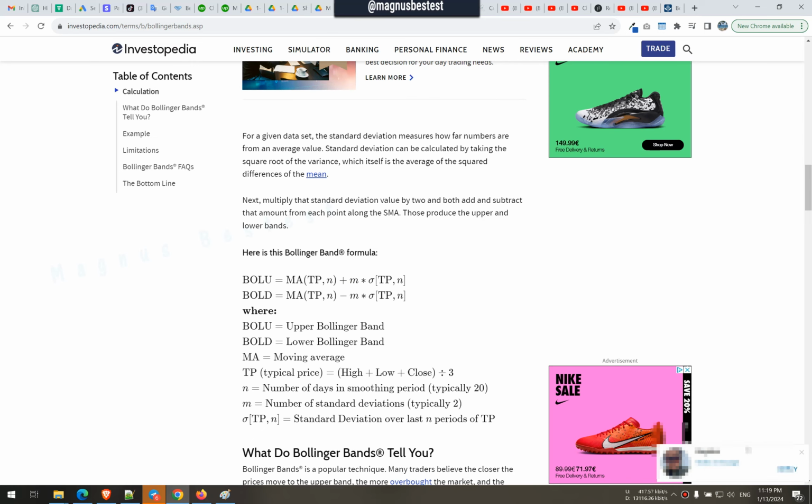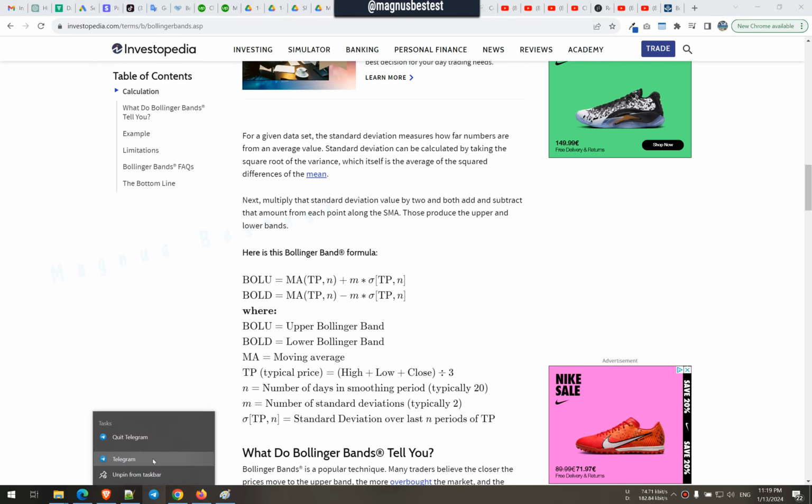Let me quit Telegram, and let's continue. So it's 2 times, and 2 times what? It's not 2 times the moving average, because I need to backtrack a little bit. The moving average normally measures the closing prices.